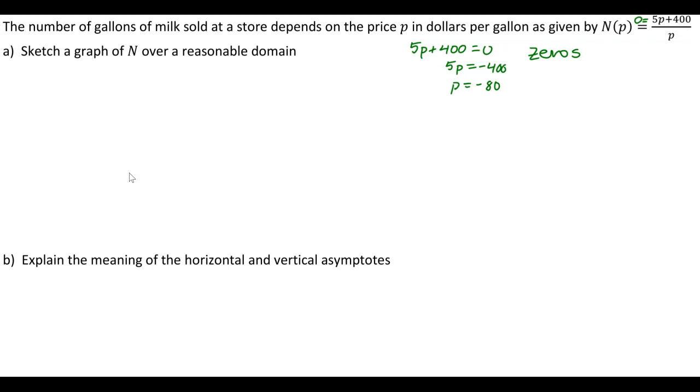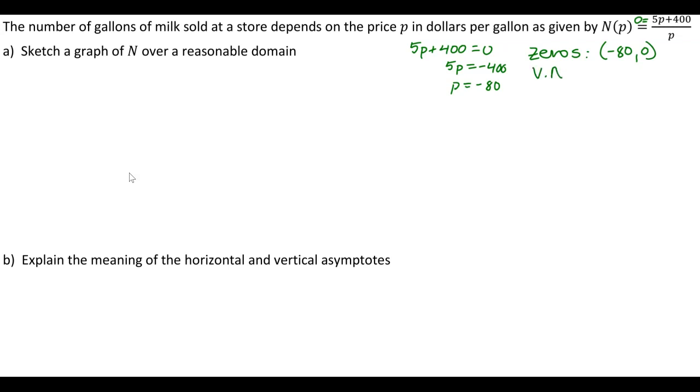So kind of getting into this already, price p, I don't think I want to look at negative price. So it looks like we're going to get this x-intercept at a point that's not really useful for the overall situation, but it might help us figure out what the graph looks like. So I think it's okay to still write this down just for our work. So negative 80, 0.